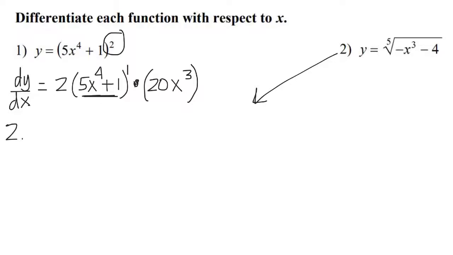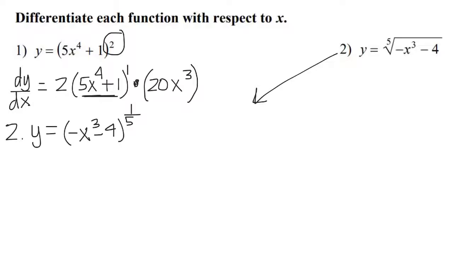Does anybody remember what that exponent might be to indicate fifth root? 1/5. 1/5, awesome. So that means that we're going to have y equals, and everything under that radical I'm going to put in parentheses. So I have negative x cubed minus 4. And I'm going to make all of that raised to the 1/5 power, because 1/5 implies that fifth root.